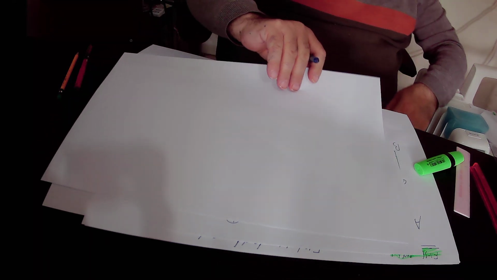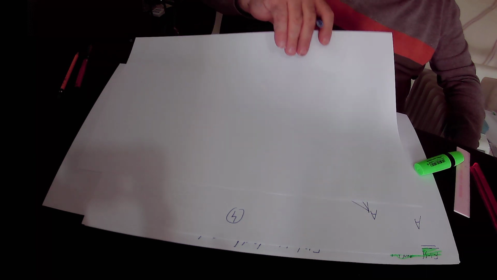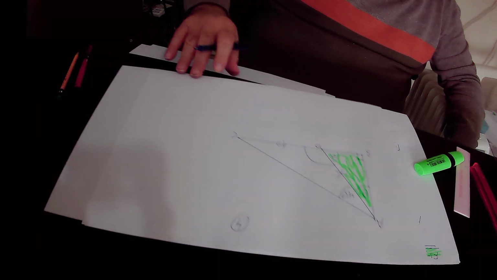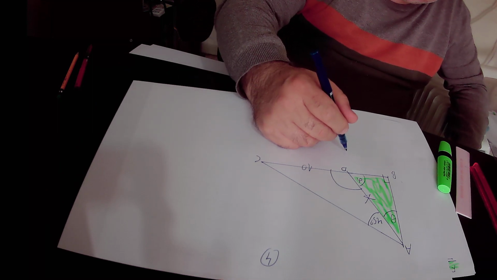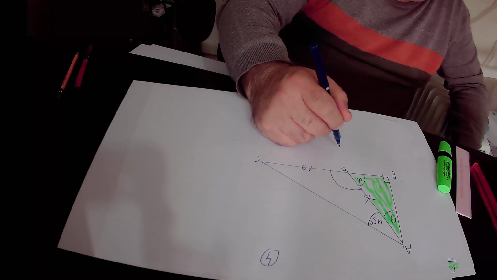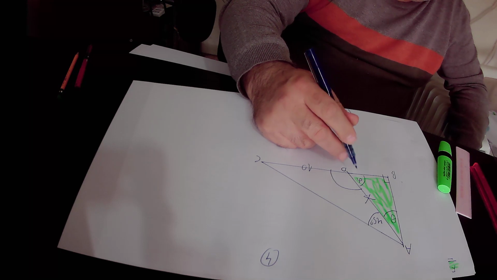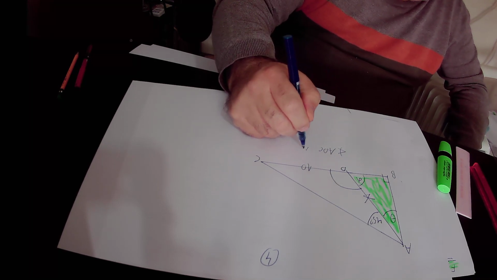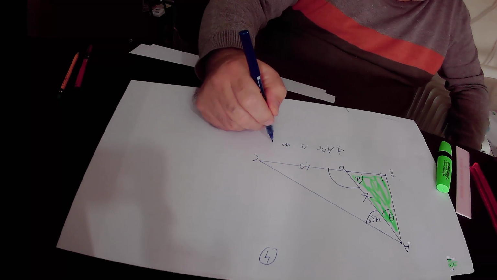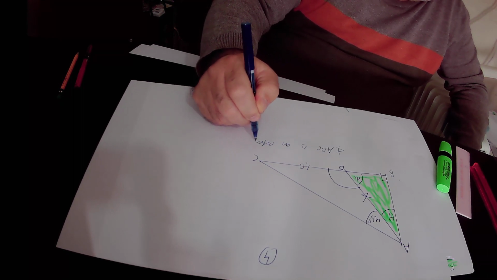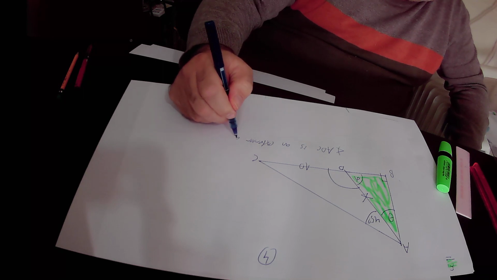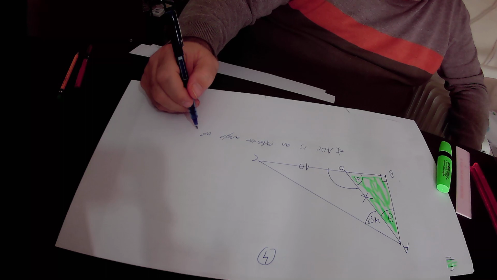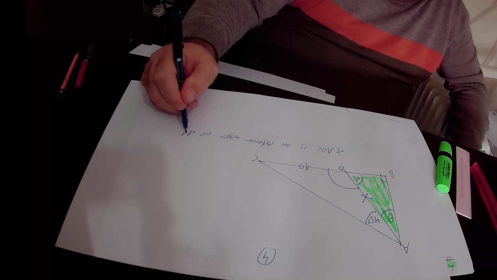Angle ADC is an exterior angle of triangle ABD, the right triangle ABD.